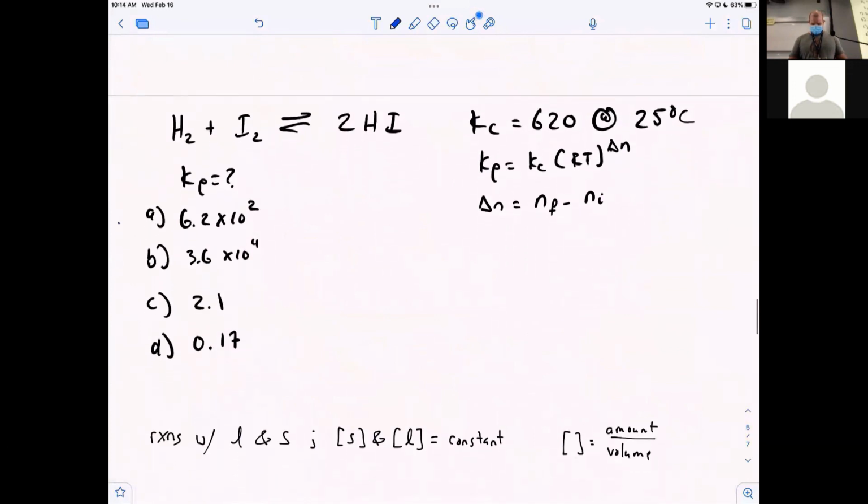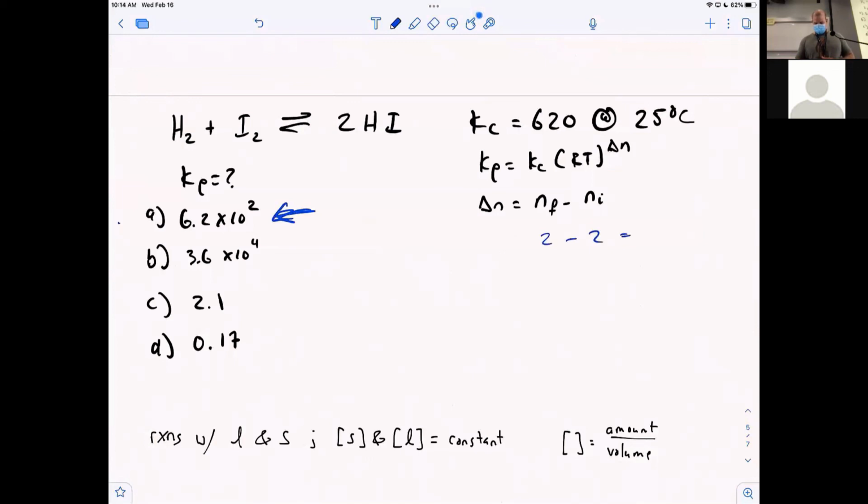Well, you have this reaction here, hydrogen plus iodine reacting to form 2 hydrogen iodides. The Kc is 620 at 25 degrees Celsius. What is the Kp? And I know there's 1 minute left. I'm going to spare you the suspense. It's actually A, because your delta N is 0. So final, you have 2 moles.